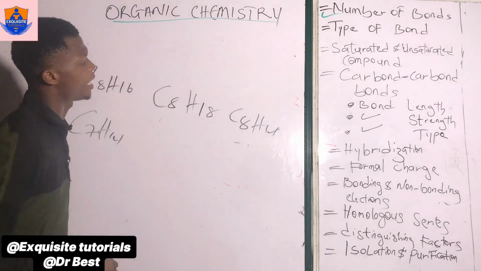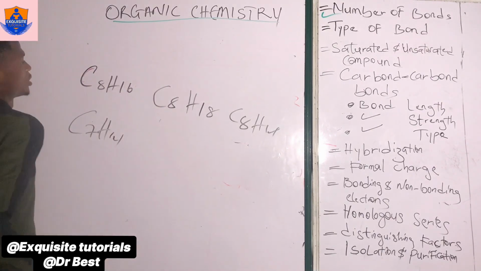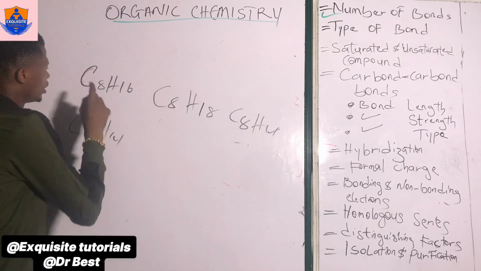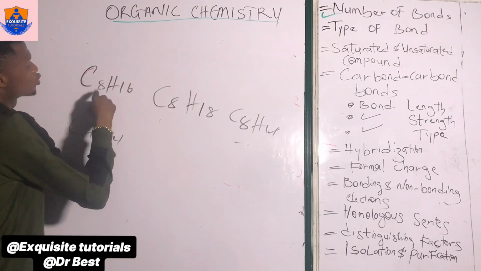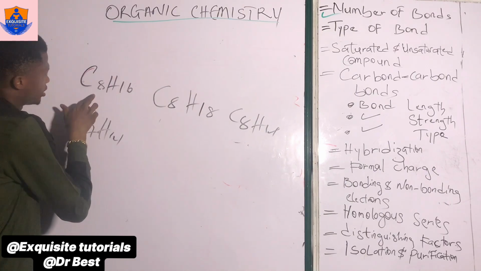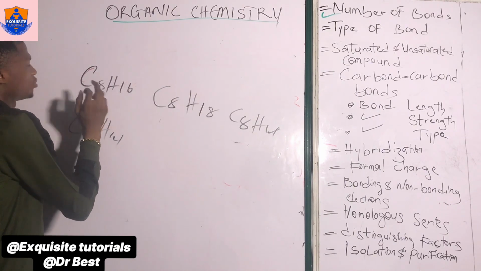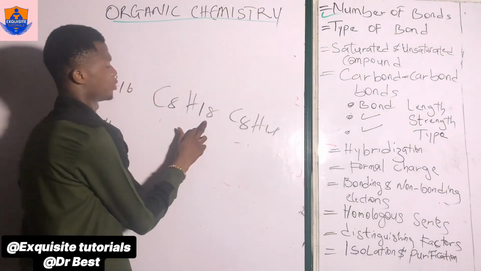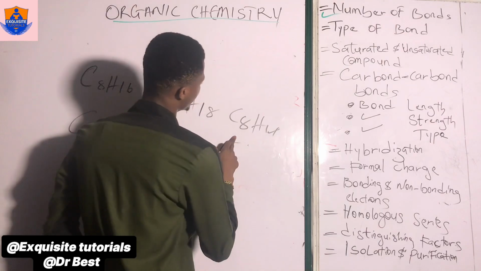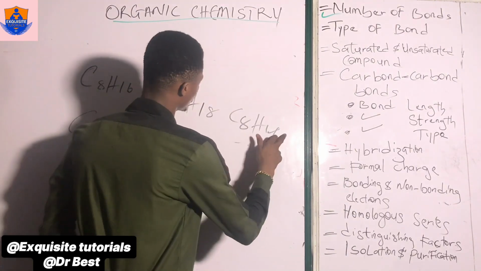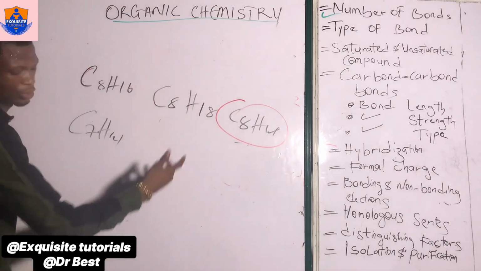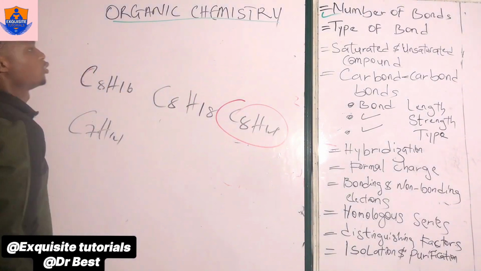And I ask you to determine which of these belongs to the alkyne family. This is what you do. Remember, alkane is number of carbon times 2 plus 2. So 8 times 2 is 16, so we have 16 here. This should be alkene, 8 times 2, 16. This is an alkane, 8 times 2, 16 plus 2. This is an alkyne, 8 times 2, 16 minus 2. So this becomes your answer. You're going to see so many questions like this. Make sure you don't mess up.